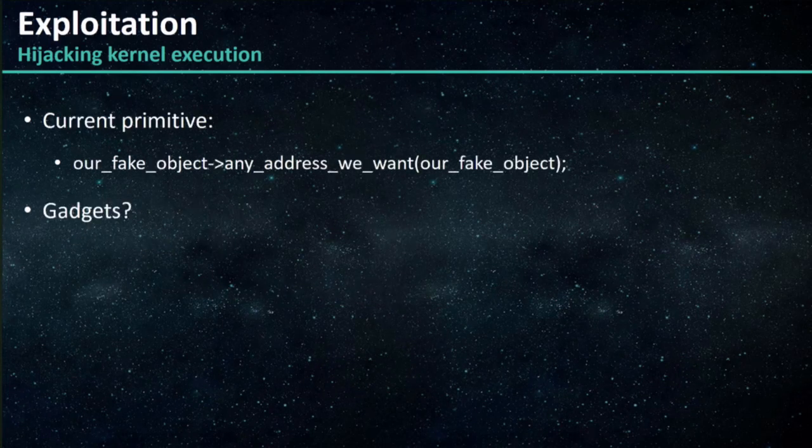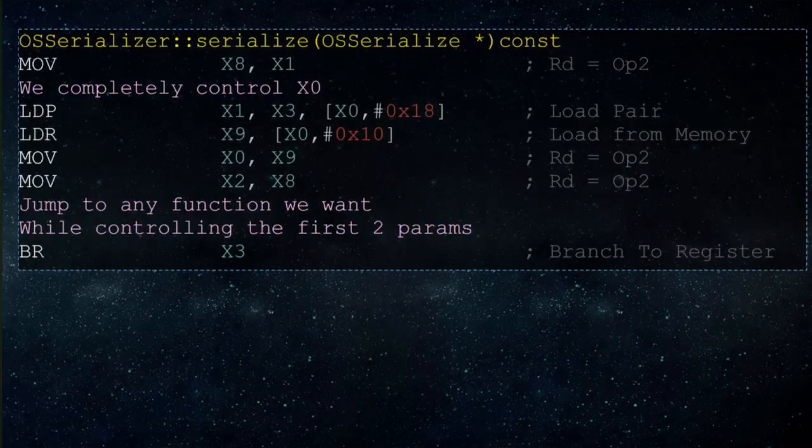So our current primitive is to put a fake vtable, so we can hijack any kernel address we want, so we can call any kernel address we want, and we control only the first parameter, which is the actual spray we had. So now it's time to look for a gadget. There is a very famous gadget called unserializer serialize.